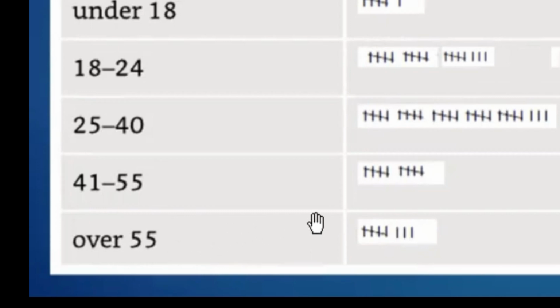So going back to just the point about intervals, here you're seeing, between 18 to 24, that's a 6-year difference. Between 25 to 40, that's a 15-year difference. Between 41 to 55, that's a 9 plus 5, 14-year difference.